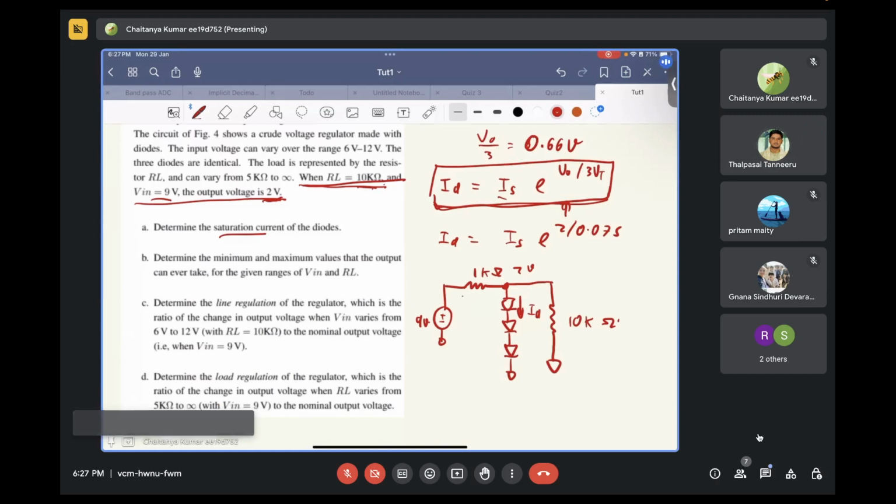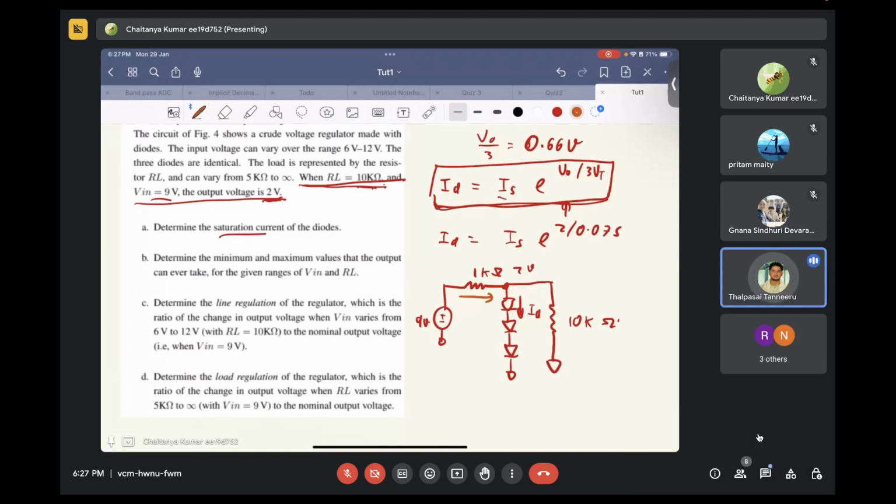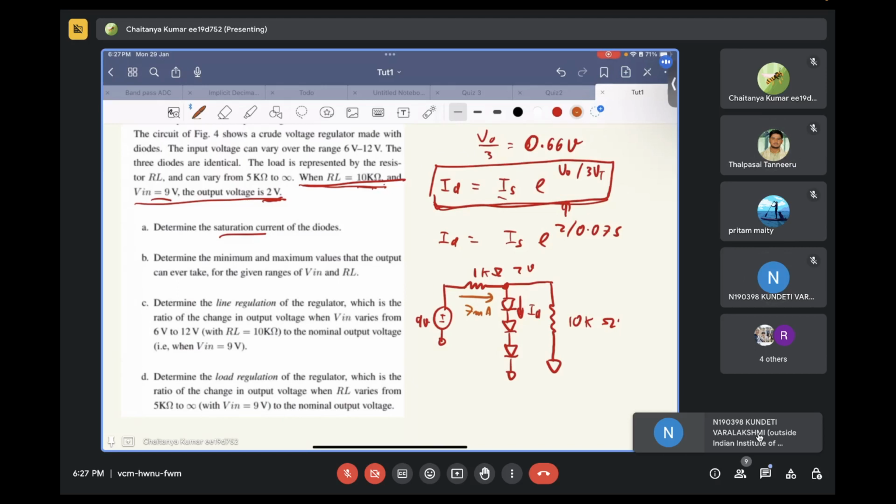So, what will be this current? Yes, 9 volt minus 2 volt, like 7 volt divided by 1 kilo ohm resistance, you have 7 milliampere. What will be the current that will be drawn from the load resistor?